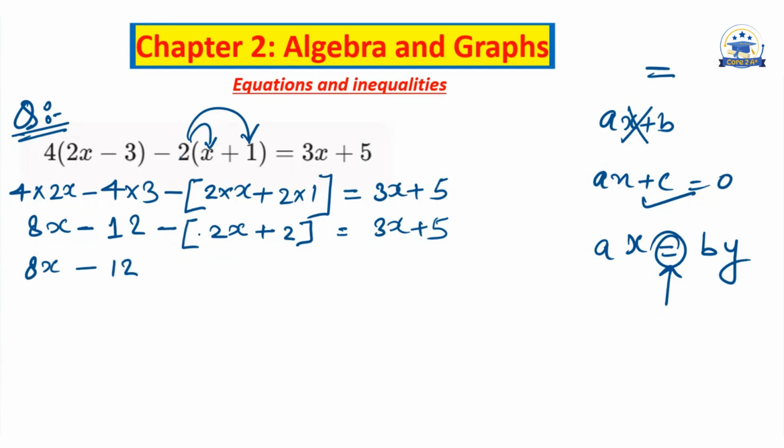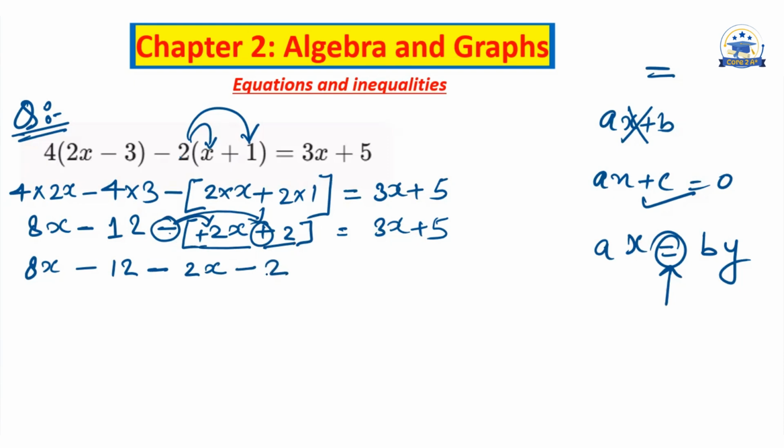And now both terms in the bracket are positive: 2x is positive and 2 is positive. But because of this negative, it has the power to change the mathematical operation. So plus becomes minus: negative 2x. Again, plus becomes minus, so it would be minus 2.